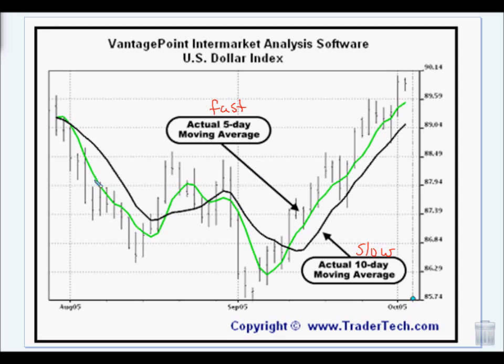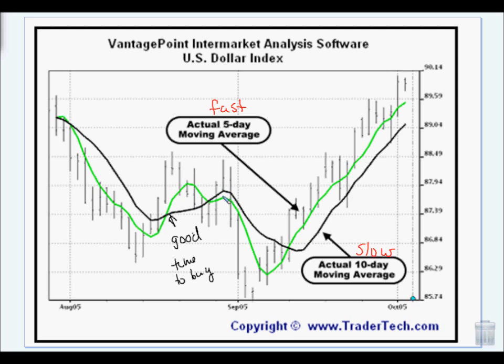So what we do is we look right here. See how here the fast is overtaking the slow? So when the fast goes above the slow, right here, this would have been a good time to buy. That's called a crossover. And look right here, the slow overtakes the fast.